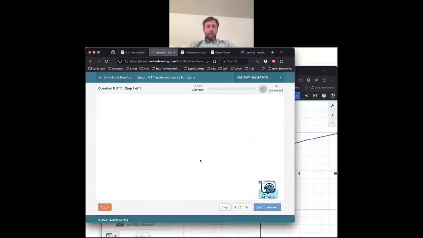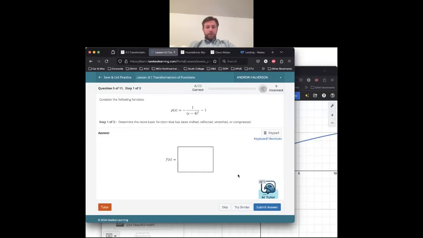Okay, so this one here, notice it's x squared. X squared is in the bottom. So this one, the base function is 1/x squared.